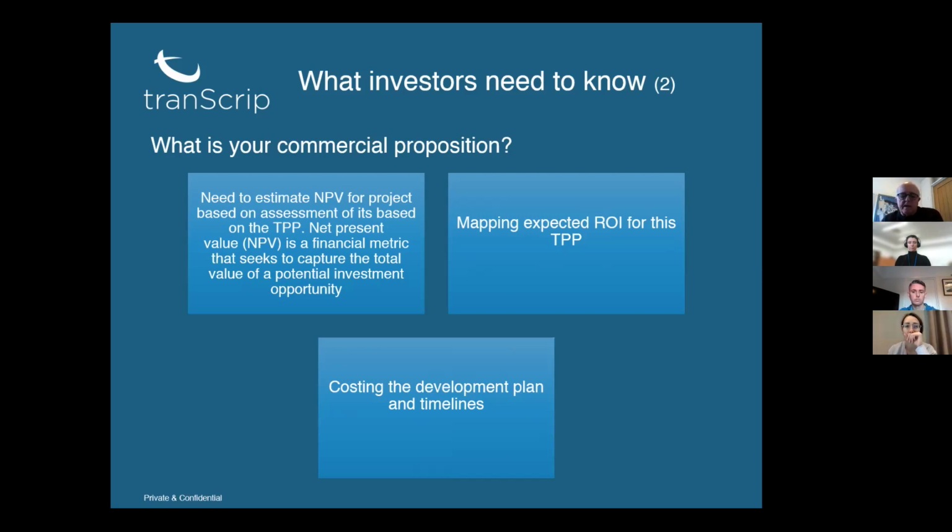And the last thing I'll go back to, costing the development plan and the timelines to deliver that is fundamental to your planning from the absolute outset, because without that estimation, the investors don't know how much they're going to have to fork out and what their likely return on that is in a timeline.